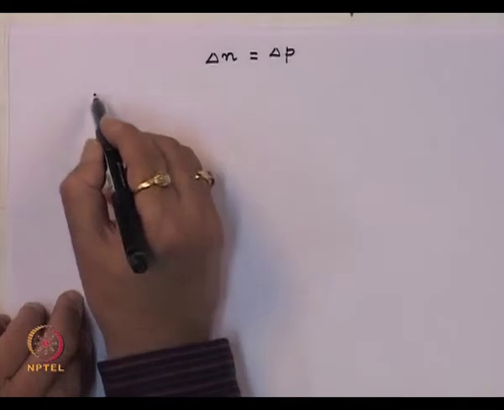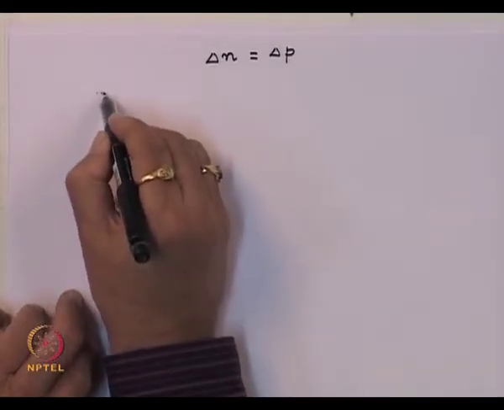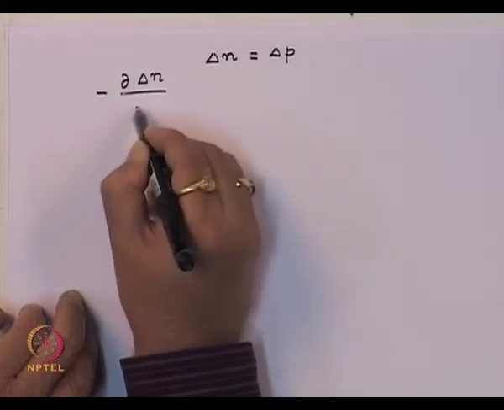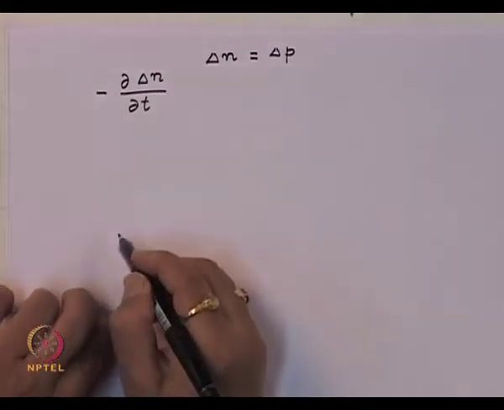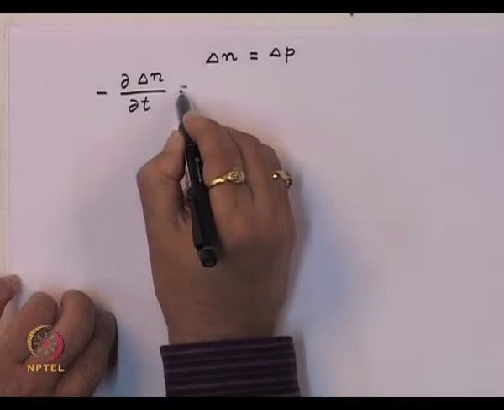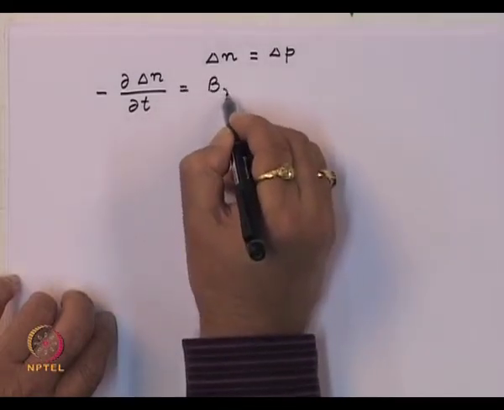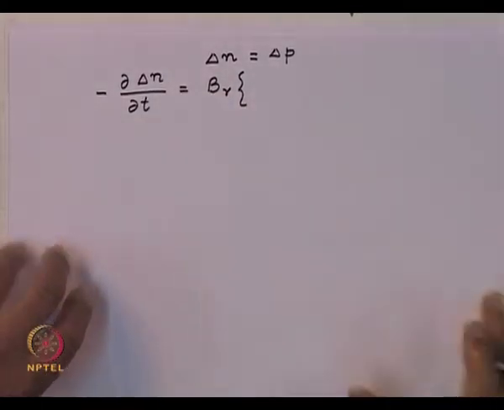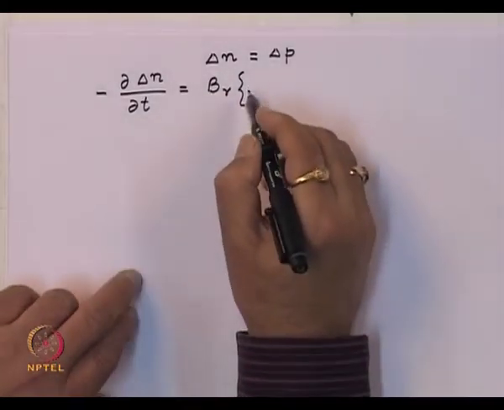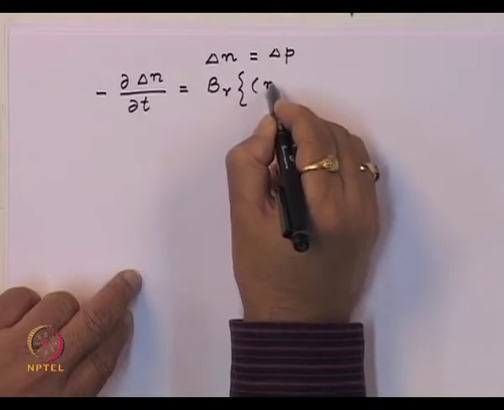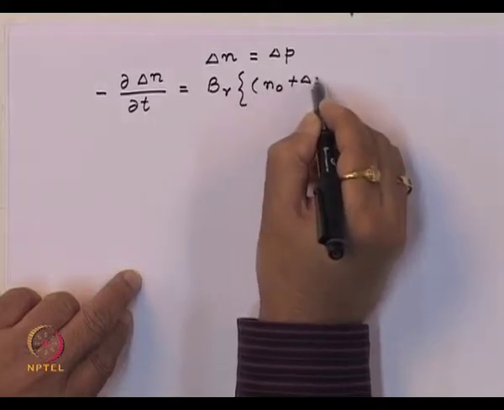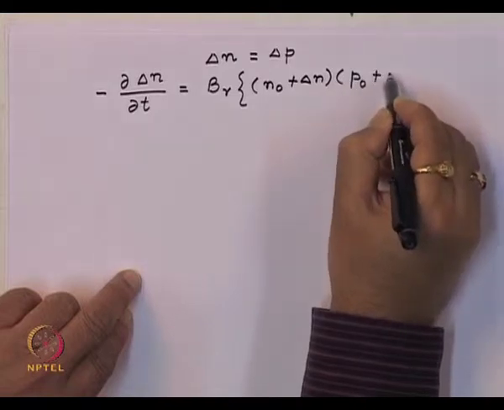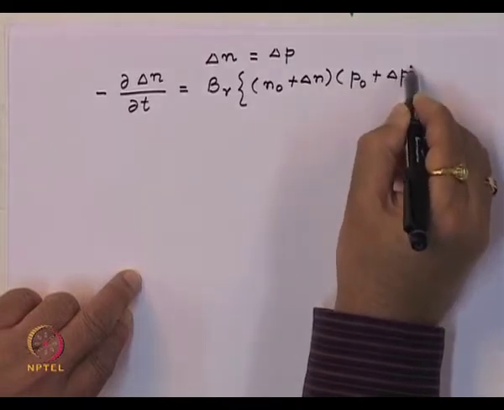Now the rate of recombination, or decrease in the injected carriers per unit time, is given as the recombination constant Br times the product of the electron density and the hole density. So, this is n 0 plus delta n times p 0 plus delta p.